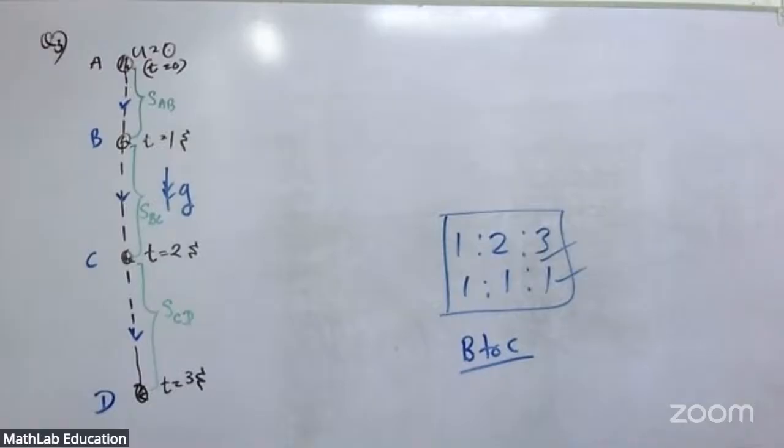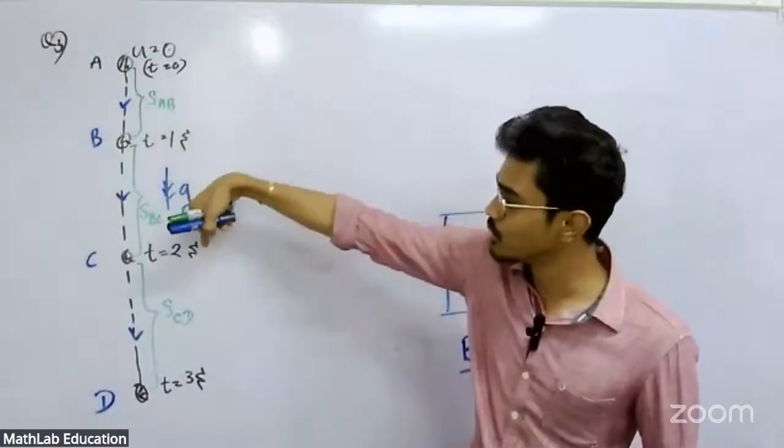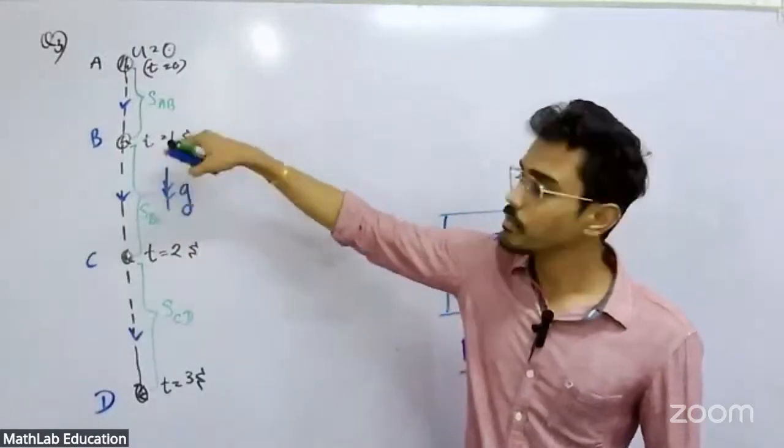What about time? Time is given: 0, 1, 2, 3. You are asking from B to C, from B to C if needed.